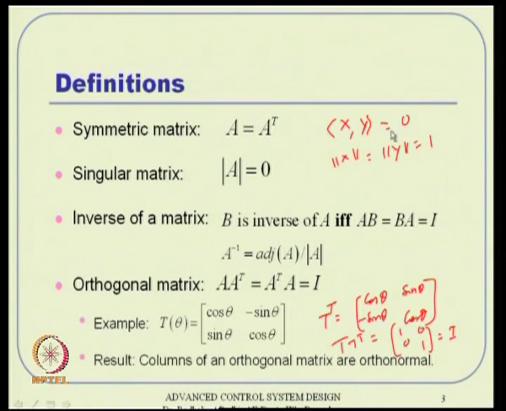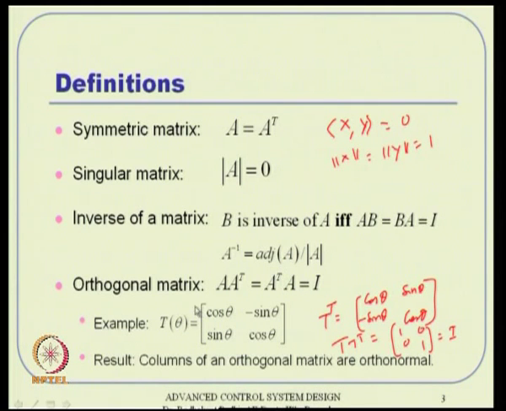So, the inner product is 0 and the magnitude of each column is equal to 1. With the inner product being 0, they are orthogonal to each other, and with magnitude being 1, in addition to the orthogonality, we call them orthonormal vectors. So, if a matrix is orthogonal, then the columns are orthonormal to each other. That is a property that we should keep in mind.